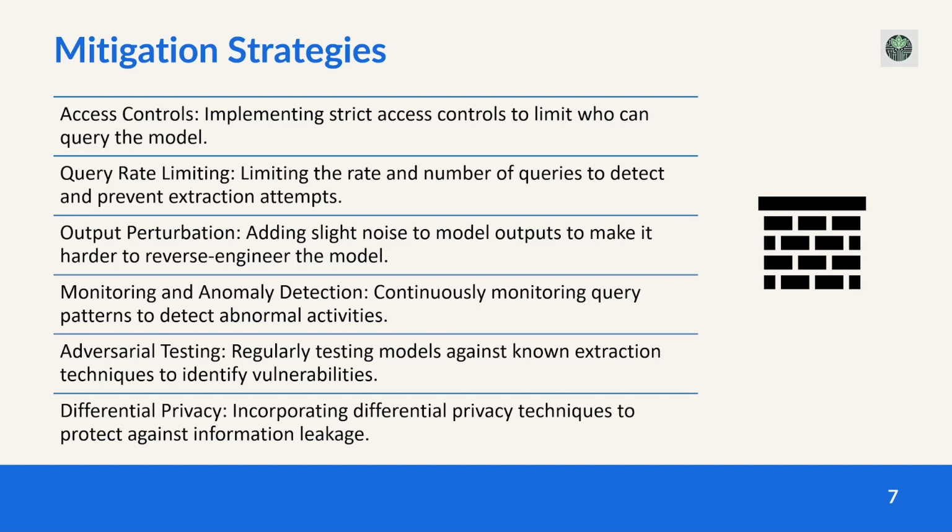Monitoring and anomaly detection can help by continuously tracking querying patterns and identifying abnormal activities. Adversarial testing is also critical, where we regularly test our models against known extraction techniques. Finally, differential privacy can help by adding noise to the data itself, protecting the information against leaks.